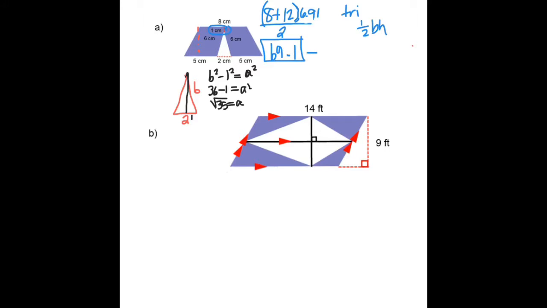From that, we have to subtract the area of the triangle. 1/2 times 2 times the square root of 35. So half of 2 is 1. So I just need the square root of 35. And that is 5.91.